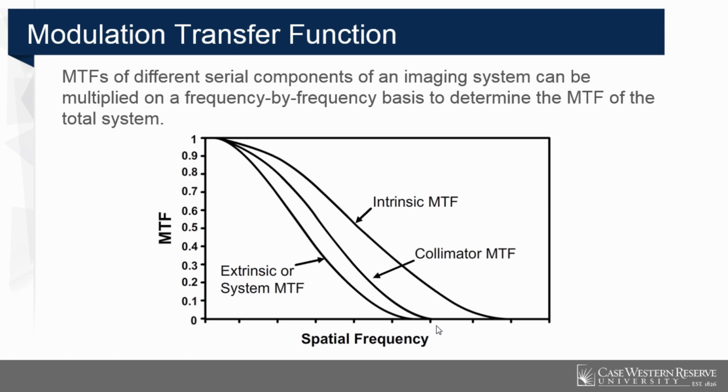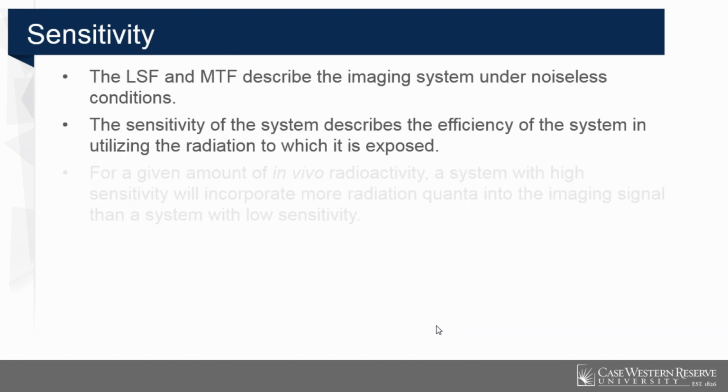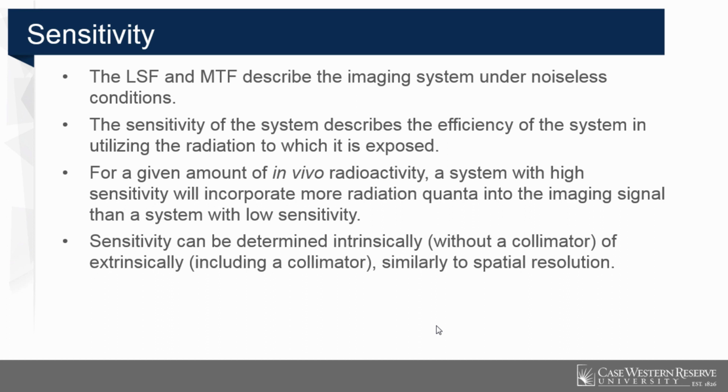What is the relationship between a point spread function and modulation transfer function? Or what is the relationship between line spread function and MTF? Think about this. The line spread function and modulation transfer function are descriptions of an imaging system under noiseless, ideal conditions.